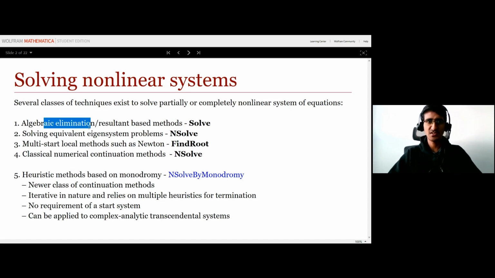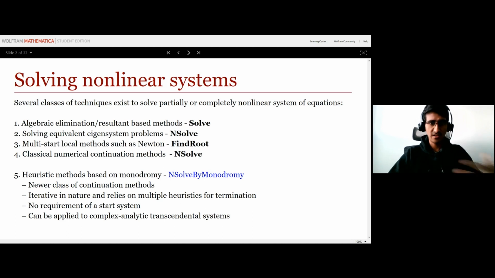Algebraic elimination methods are available in Solve, and then equivalent eigenproblems are posed in some NSolve methods. FindRoot is an option for local methods if you are looking at just a few instances of solutions to be found. We are interested in finding as many solutions as possible for these large systems.